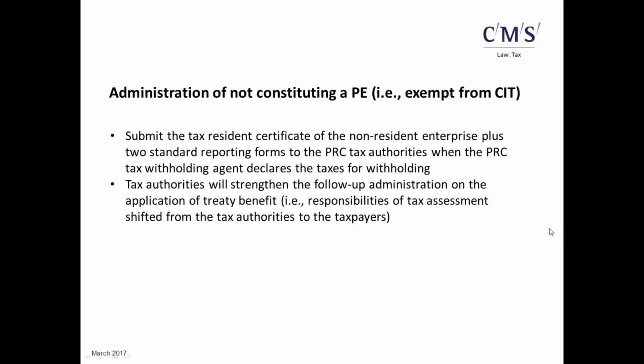So that's why we see a lot of cases in China that even half a year or even 1 year after the end of the project in China, they are still chased by the PRC tax authorities to provide more information or documents to justify the absence of the PE, which may have happened half a year or a year ago.